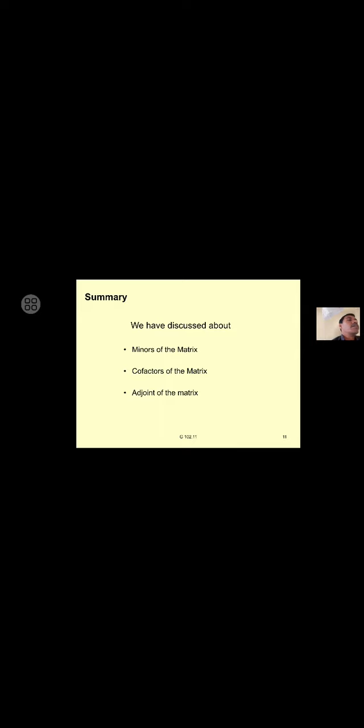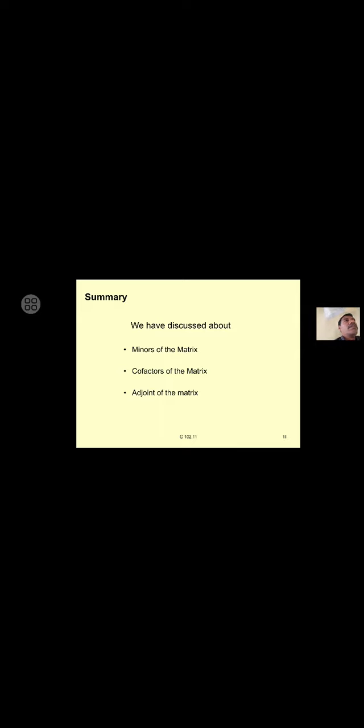So 1 plus 1 is 2, and minus 1 whole power 2 means plus 1, so plus sign. So plus into its minor is the cofactor of that element. Like this, every element has a cofactor.